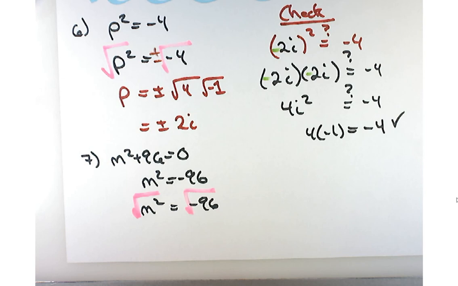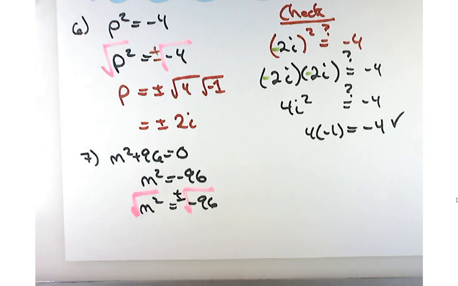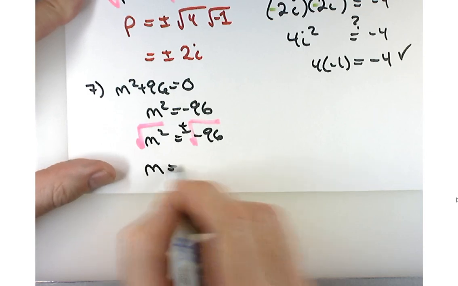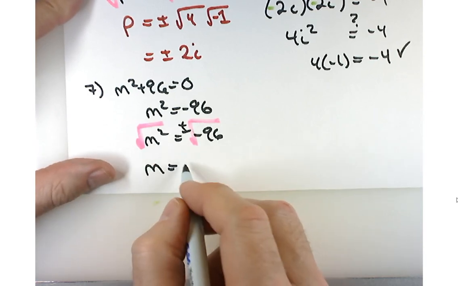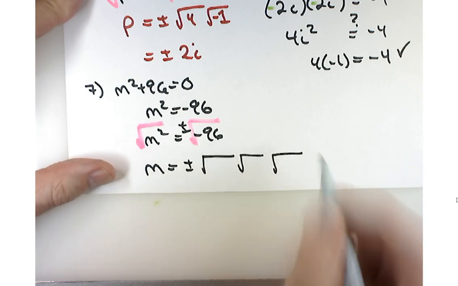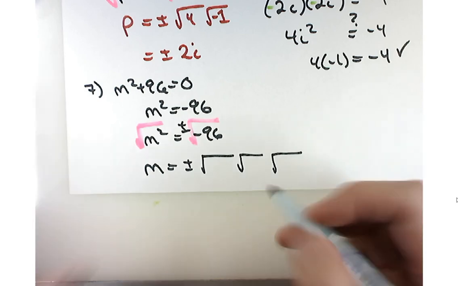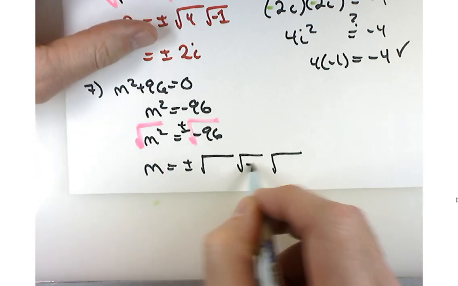Plus and minus. We're missing that plus and minus. Thank you, Mel. So, missing the plus and minus. Square root on the left-hand side is going to be m. On the right-hand side, I'm going to want you to split that up into 3 different terms. Can anyone guess what the middle one's going to be? -1.